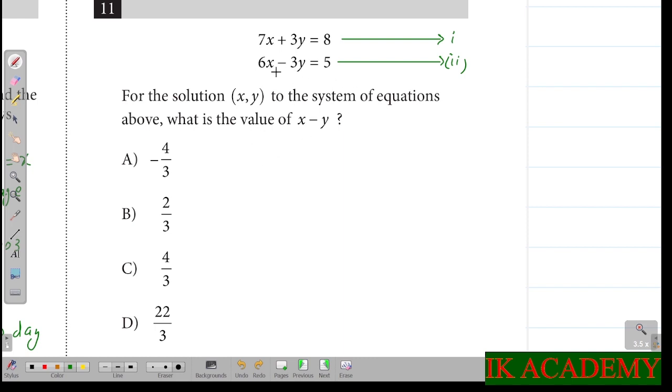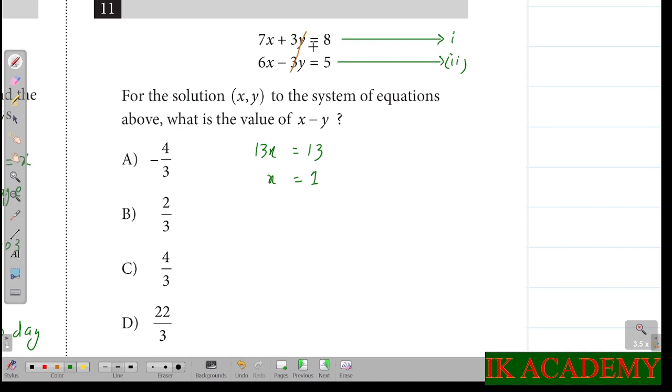First of all, if I add equation number 1 with equation number 2, 3y will be cancelled with the 3y. So we will get 7 plus 6 is 13x is equal to 8 plus 5 is equal to 13. So x will be equal to 13 divided by 13, which is equal to 1.